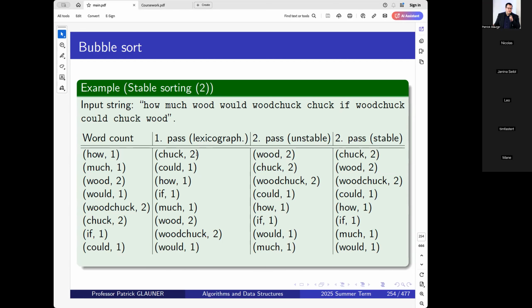Now I want to sort this again. So the result I have from the first pass is sorted lexicographically, and I want to sort this on top now based on the integer. And with a stable sorting algorithm, I'm sorting this now descending.